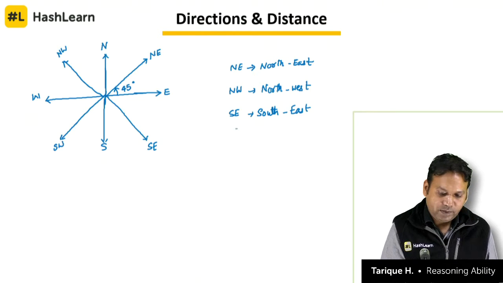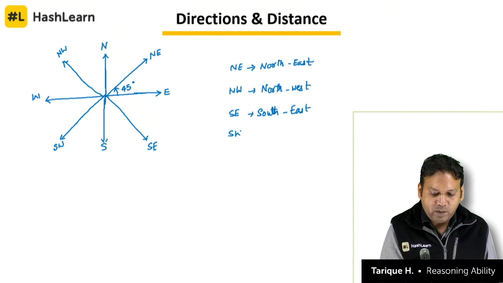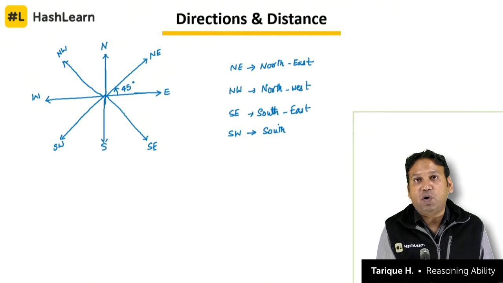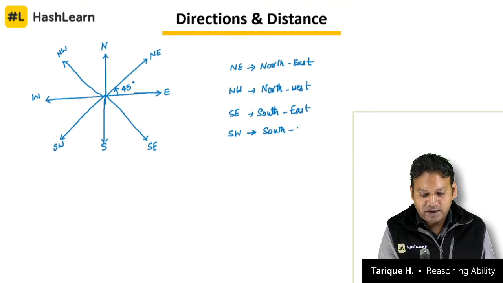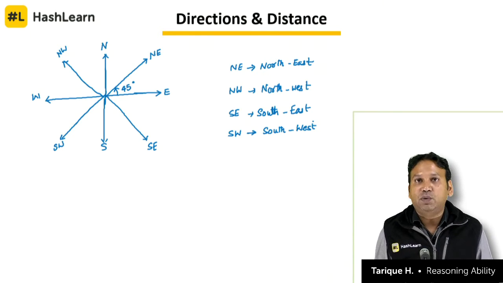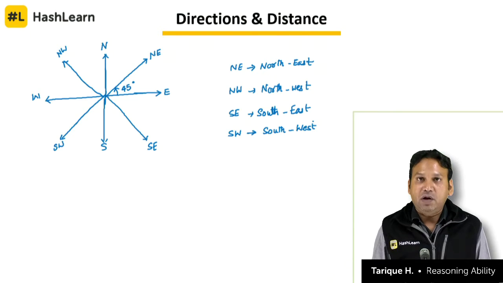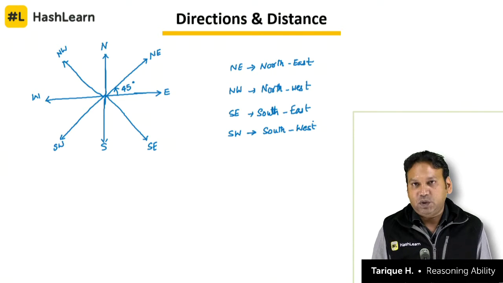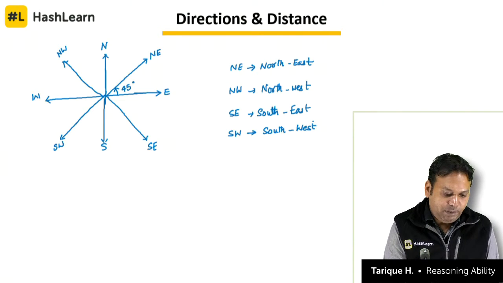So northeast, northwest, southeast and southwest. Now in addition to the 4 main directions, north, south, east, west, these are 4 more directions. That is what we call an 8-point compass. The 8 directions of the compass: north, south, east, west, northeast, northwest, southeast, southwest. Clear? And the angle between any 2 of these, wherever you take it, will always be 45 degrees.